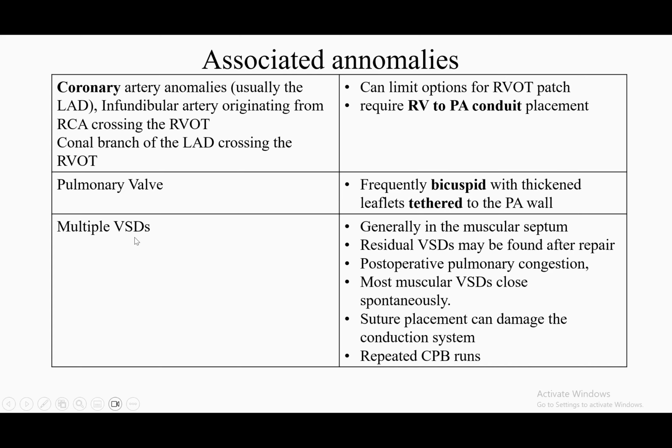Sometimes these muscular VSDs are not apparent at the beginning, because with the large main conoventricular VSD, blood finds it easier to pass through the main VSD, and the other VSDs are potentially closed, or they are not closed but blood doesn't pass through them, so they can't be seen by imaging, by echo or CT.